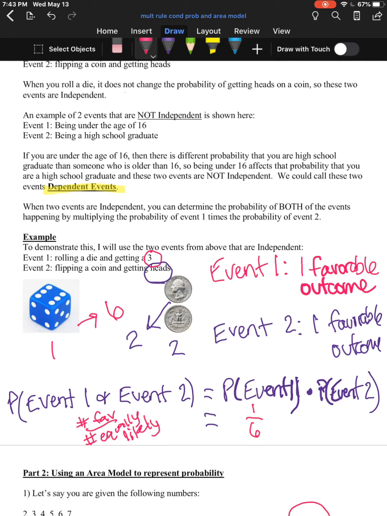There is one favorable outcome of 3 out of 6 possible rolls. And we're going to multiply that by the probability that the coin comes up as heads, 1 out of 2. Multiply them together. In fractions, multiply across the top and multiply across the bottom. So the probability you arrive at is 1 over 12.